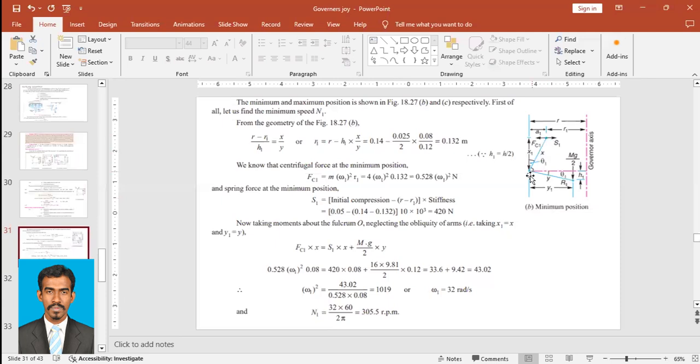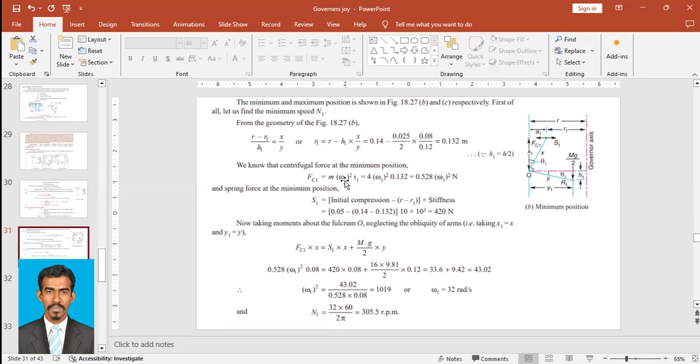Here the ball is inside the mean radius. It was given in the question that at the mean or initial position, the compression was 0.05. So we need to deduct this length from the initial length.